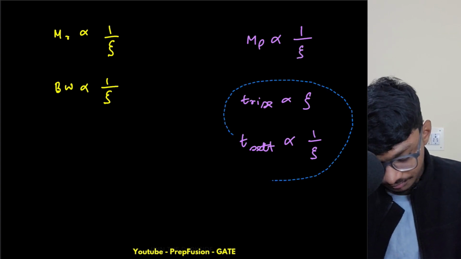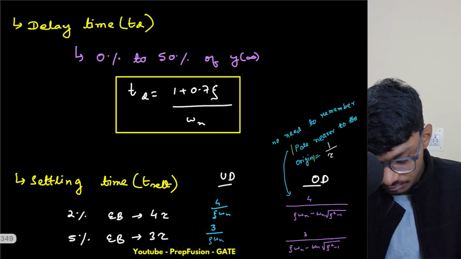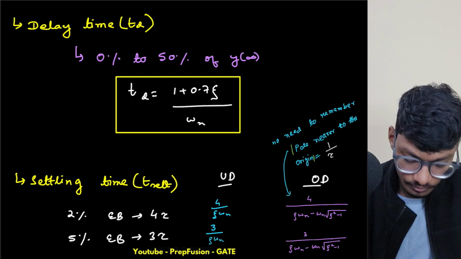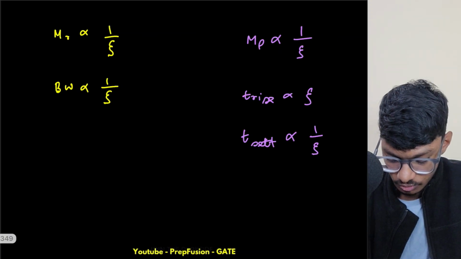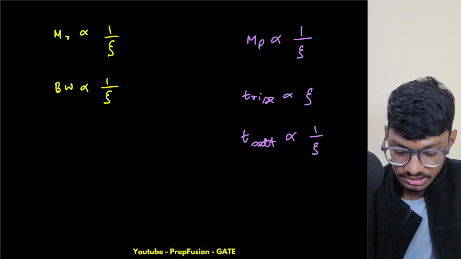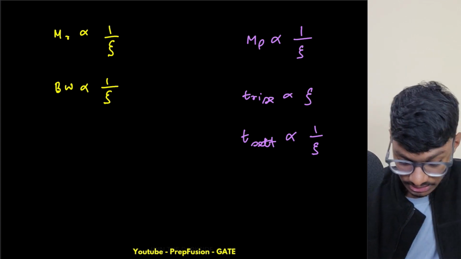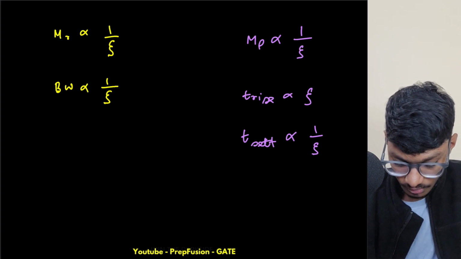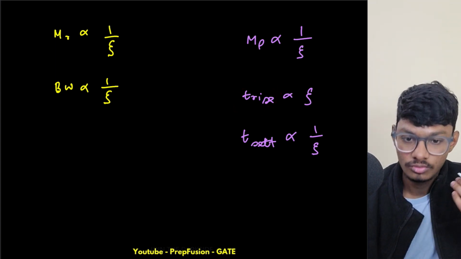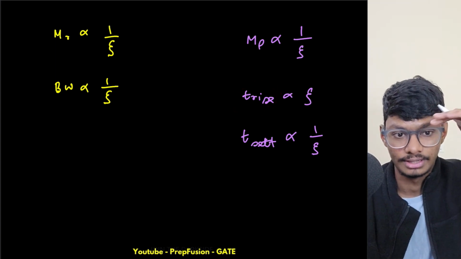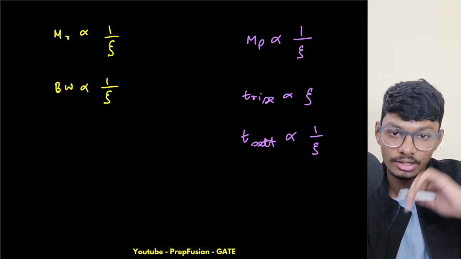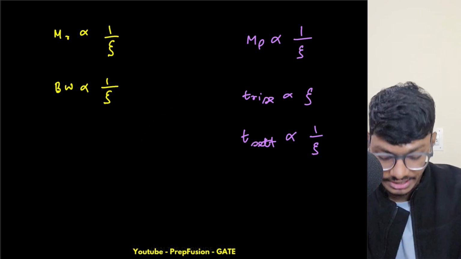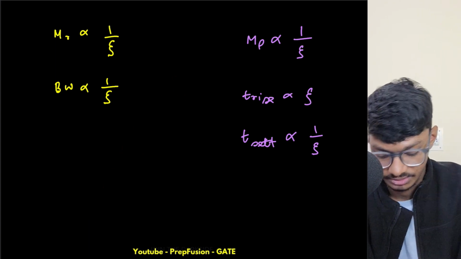Settling time I've already written. We are concerned with bandwidth: if my bandwidth is very high, it will take lower time to reach the rise time. Rise time will be low, hence it will take lower time to initially get to the steady state value. That is what rise time means.